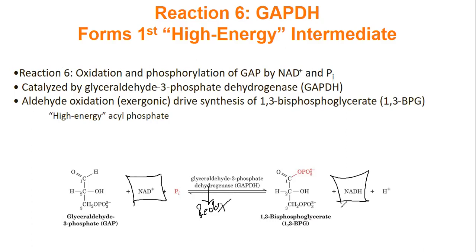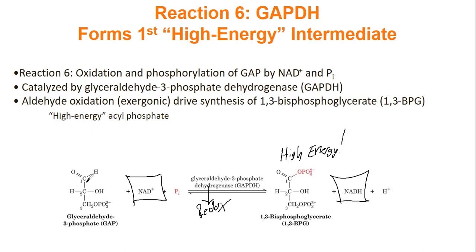All right. Now, we are making a very high energy compound. In fact, this is higher energy than ATP, right? So we're making a compound that has more energy in it than ATP. How does the body do this, or how do our cells do this? Well, one of the reasons this happens is because oxidation of this carbon, this aldehyde, is very favorable.